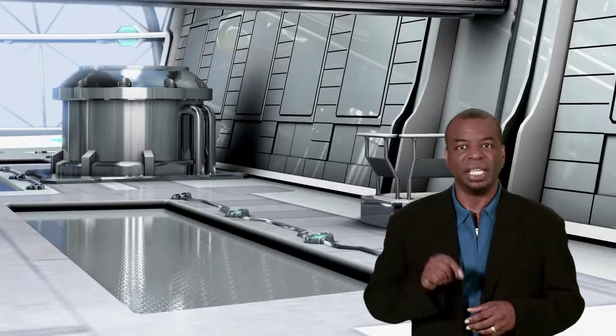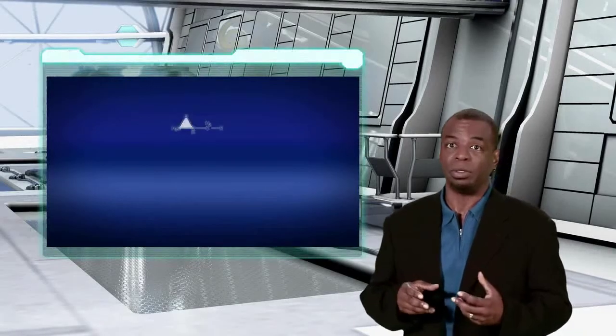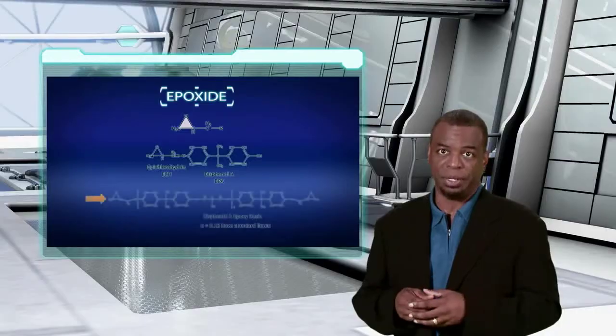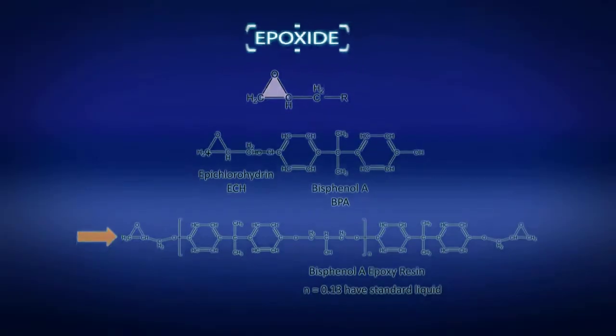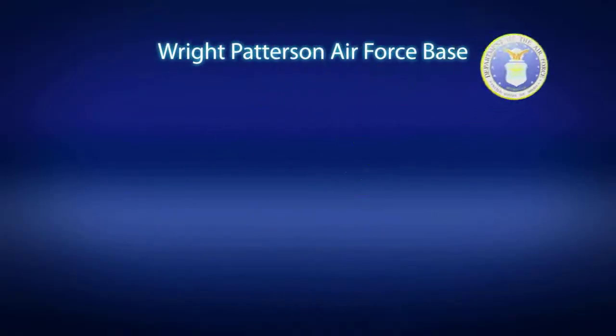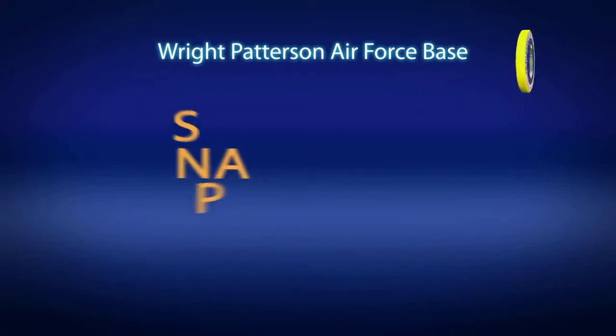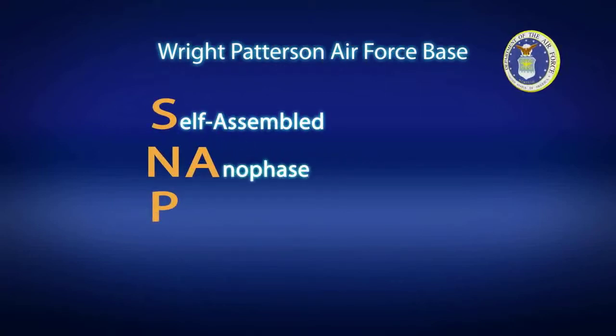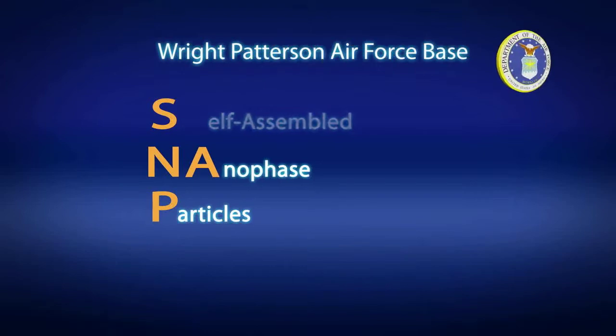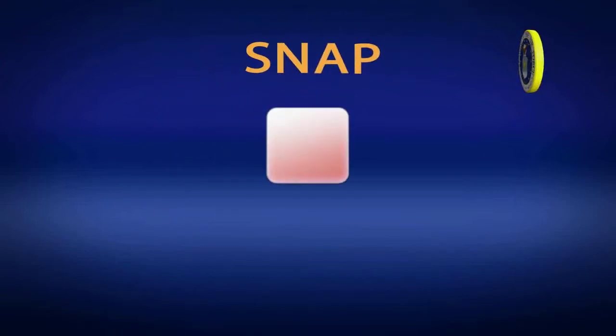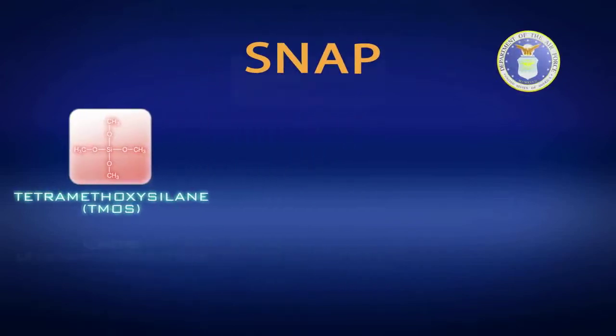Inorganic and organic hybrids have to do with sol-gel chemistry similar to the silicate matrix. In this case, the continuous matrix is an organic polymer such as epoxide or polyurea. Using this approach, Wright-Patterson Air Force Base developed SNAP technology, which is an acronym for self-assembled nanophase particles. SNAP is an environmentally benign alternative for aircraft corrosion protection.